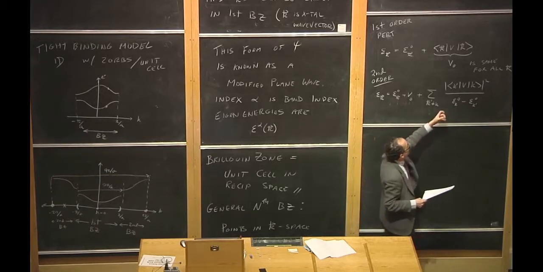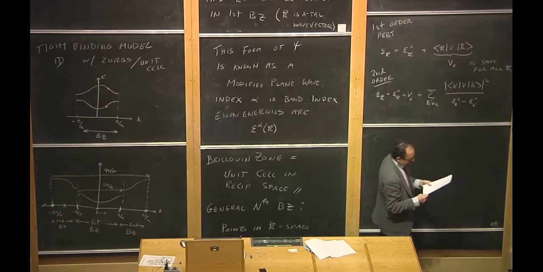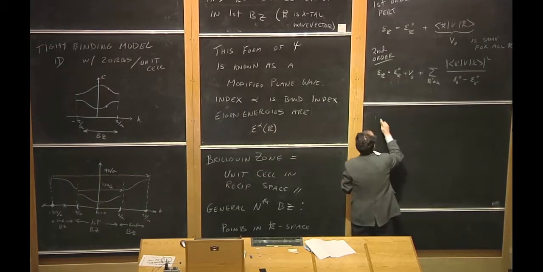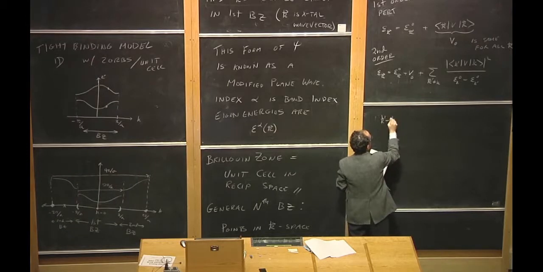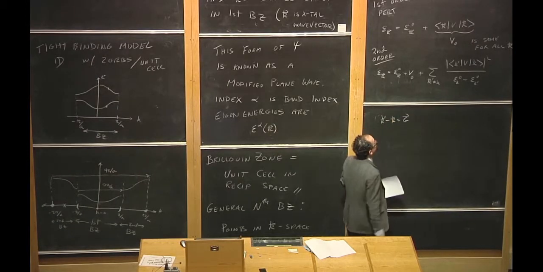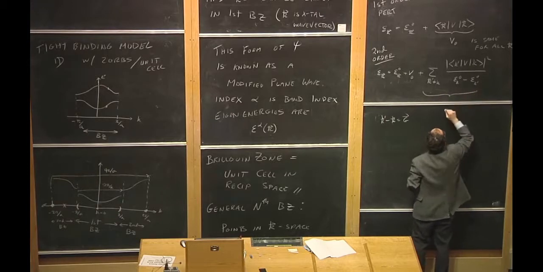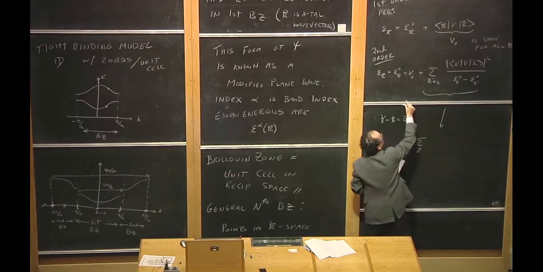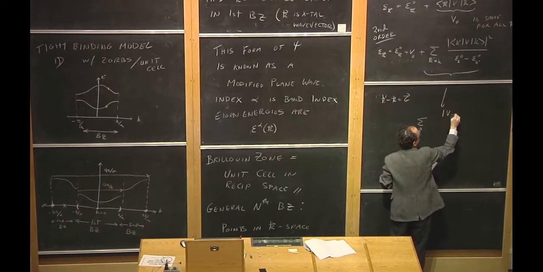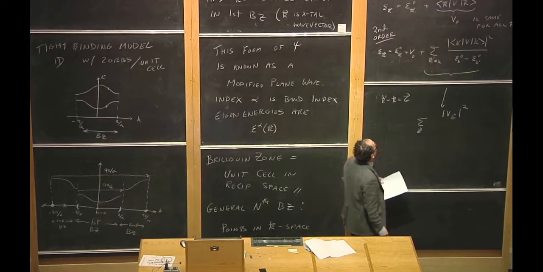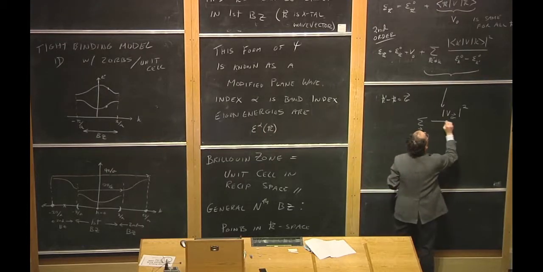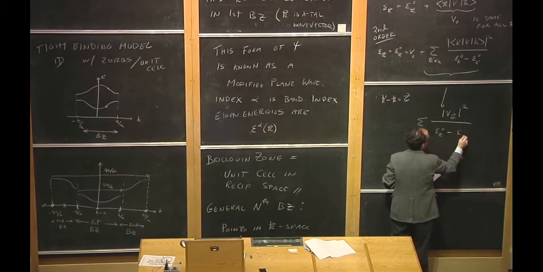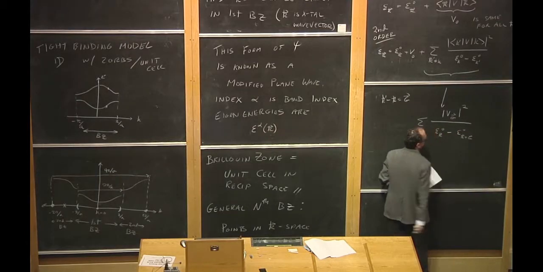Now, what do we know about this second order term? Well, again, we have Bloch's condition for the matrix element, that in order for that matrix element to be non-zero, k prime minus k must equal a reciprocal lattice vector G. So this term here can be rewritten as the sum over reciprocal lattice vectors G of V sub G squared, where G is k prime minus k, divided by E sub k naught minus E sub k plus G naught.